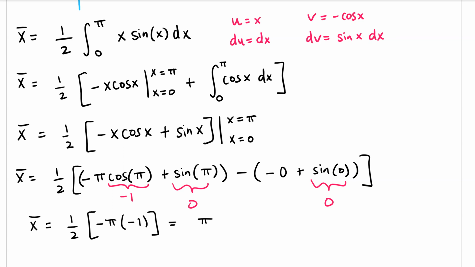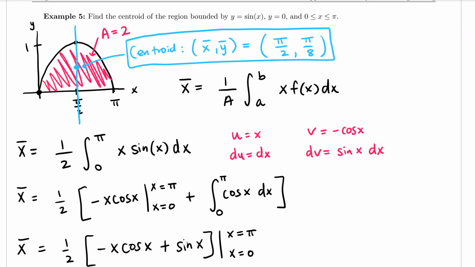That is going to end up equaling pi over 2, just as we expected. So that is news for celebration. So I'm just going to come back up here and reiterate. This is our centroid. We found the x-coordinate just now, and earlier we found that the y-coordinate was pi over 8. So there is our final answer and our centroid.